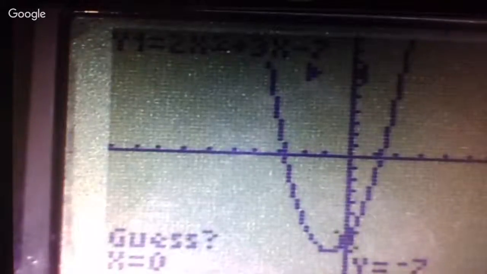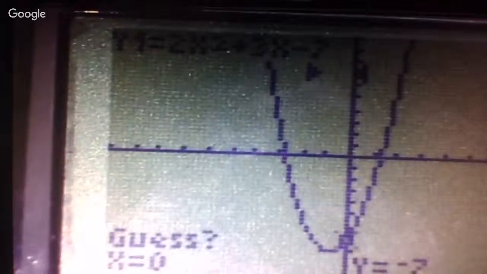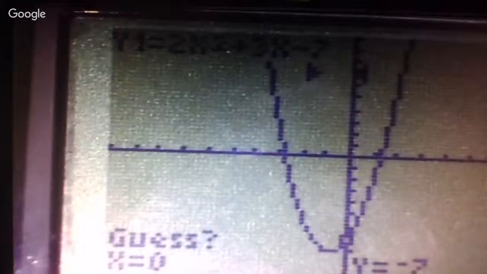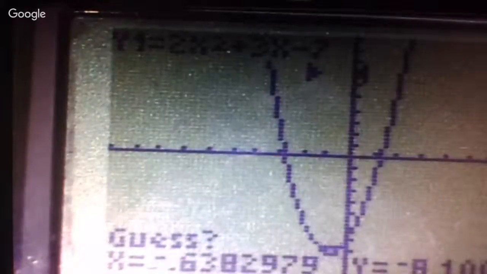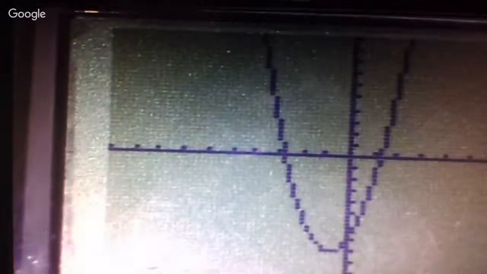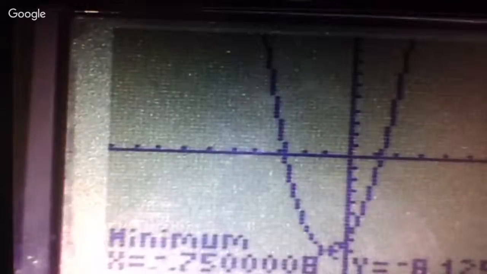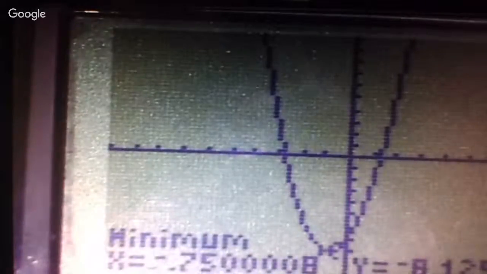You're telling me my vertex should be no farther to the left than here, and it should be no farther to the right than here. You're giving it a range to look for. Okay? When it says guess, I want you to get as close to that vertex as you can and hit enter. Close to what? As close to the vertex as possible. And when you hit enter, it should say minimum.